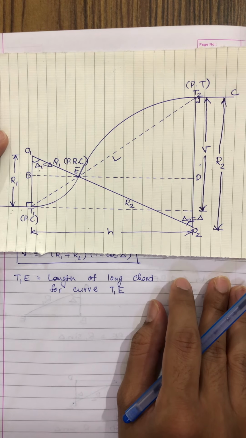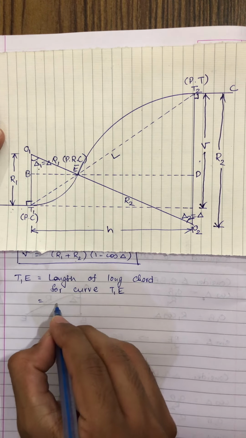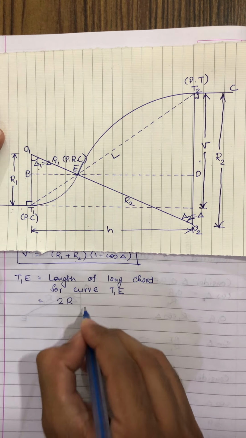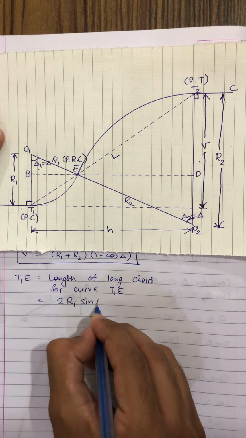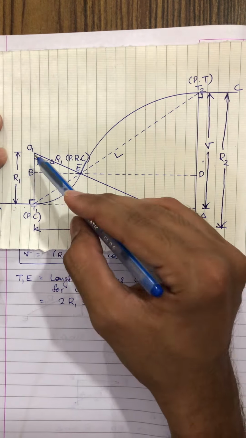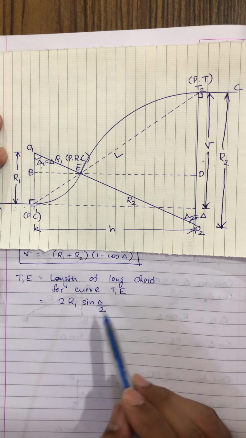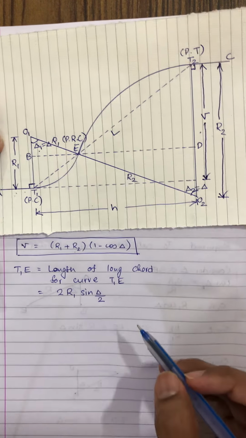From the elements of simple circular curve, we know the length of long chord. The formula for length of long chord is given as 2R1 sine delta upon 2, where R1 is the radius of this curve and delta is the central angle of this curve.